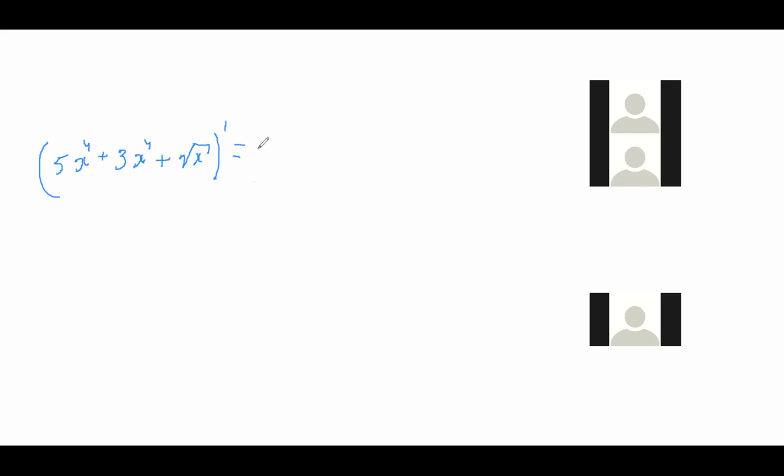Yes, it's 20 times x cubed, very good. Then 3 times x to the power 4. Yes, it's 12 times x to the power 3, very good. And finally, square root of x. Do you remember I recommended to memorize it? It's 1 over 2 times square root of x. Yes. Okay.